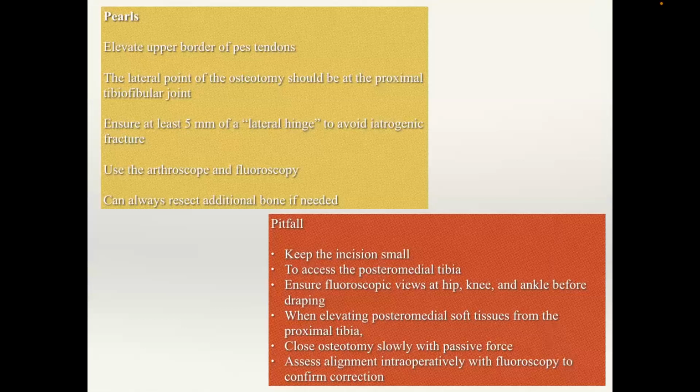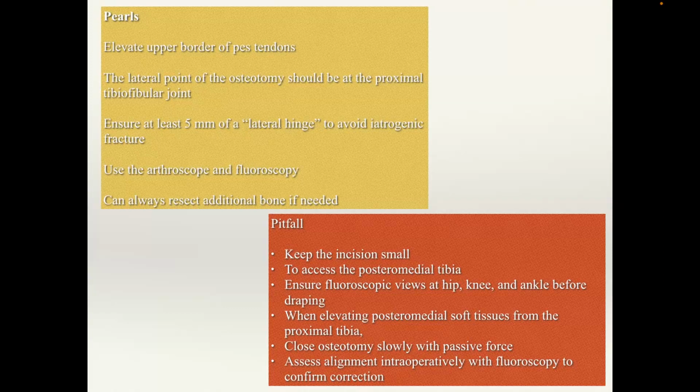So the pearls are elevating the upper border of the pes tendon for the posterior exposure, and the lateral point of osteotomy should be at the proximal tibiofibular joint in order to avoid impingement of the fibula when your closing osteotomy is done.